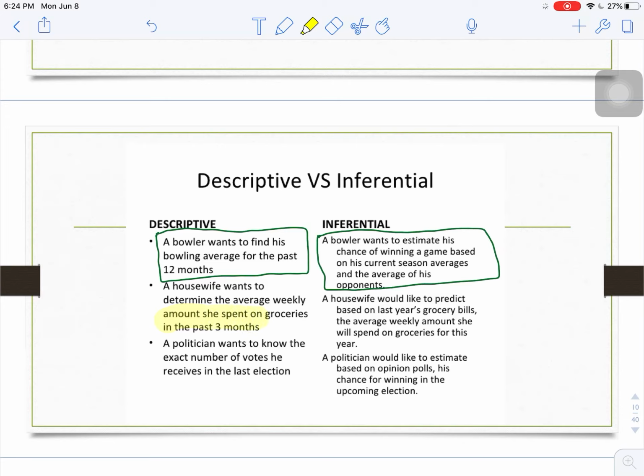The big thing here again, you have a housewife who wants to determine how much she spent in the past 3 months. A housewife would like to predict the grocery bills. The politician wants to know the exact number of votes he received last election. A politician would like to estimate. So you can kind of see descriptive is data we already have. Inferential is making a prediction based off of data.